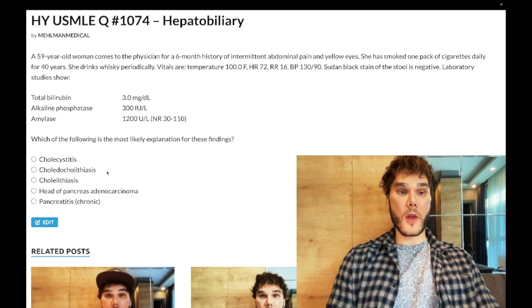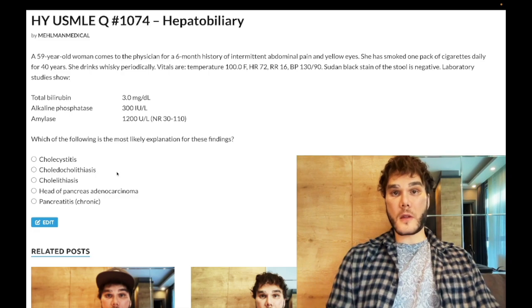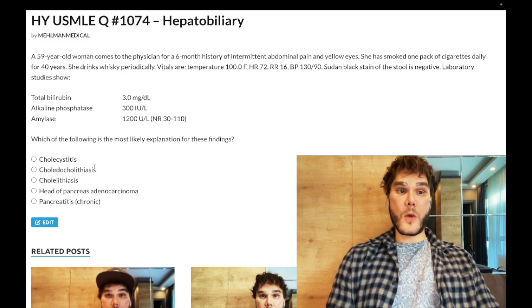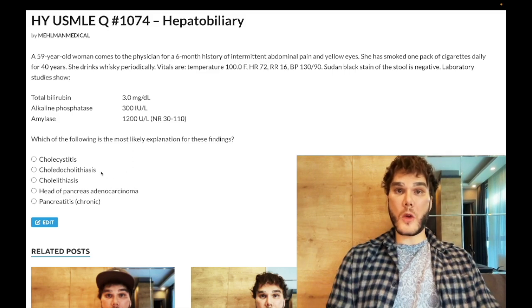Choice B, cholelithiasis. Correct answer. The giveaway is that we have a high amylase here, so this is what's called gallstone pancreatitis. Now, cholelithiasis means a stone not in the gallbladder, but in the biliary tree, and there are 2 different types for USMLE.